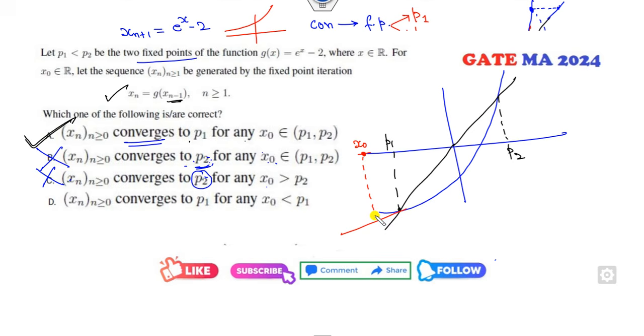I can find the point on the g, then move on the line y is equal to x, again find the point on this curve, and move again. So definitely I will reach the point P1. So yes, it will converge to P1. So the right answers are A and D for this problem.